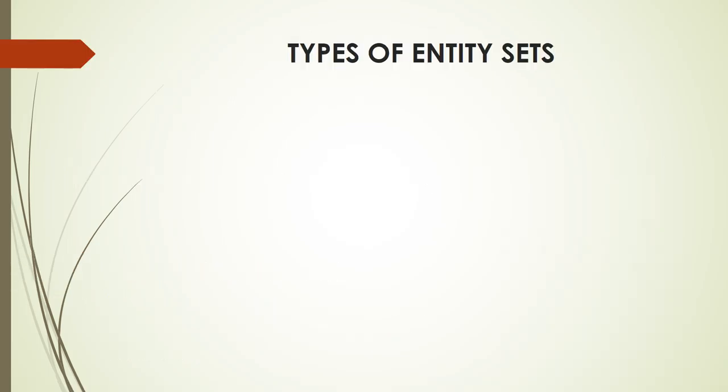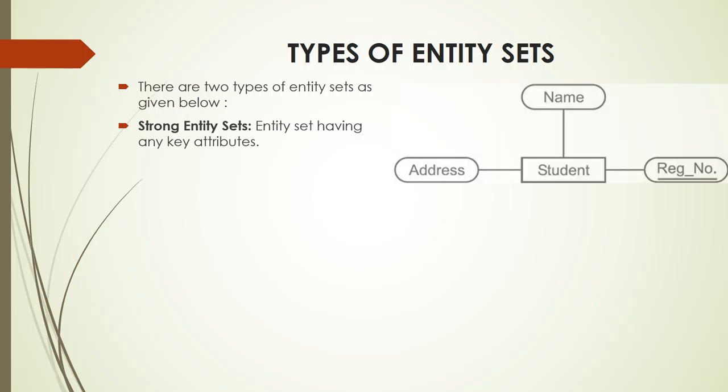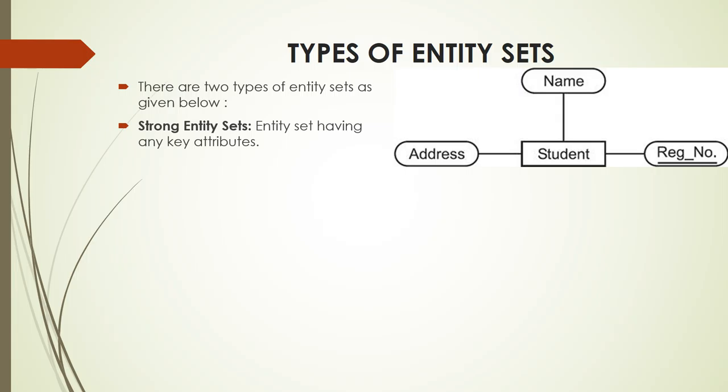Let's start with the types of entity sets, or types of tables. There are two types of entity set. A strong entity set: we say this table is strong if the entity has a key attribute.